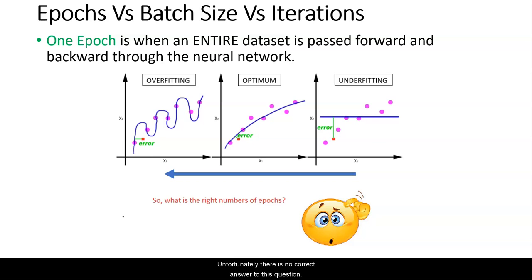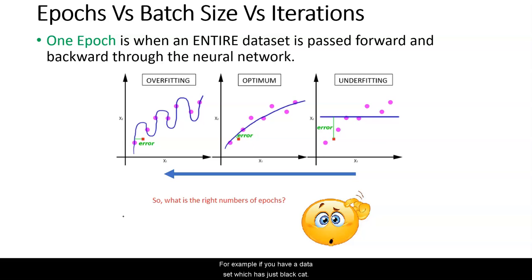Now, unfortunately, there is no correct answer to this question. The number of epochs that you will need is different for different data sets. But you can say that the number of epochs is related to how diverse your data set is.